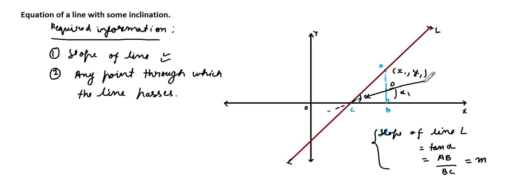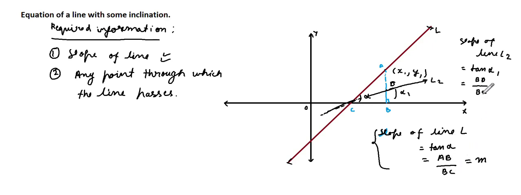For this line L2 passing through the same point where line L meets the x-axis, the slope of L2 is equal to tan of alpha 1. Tan of alpha 1 can be written as BD by BC.